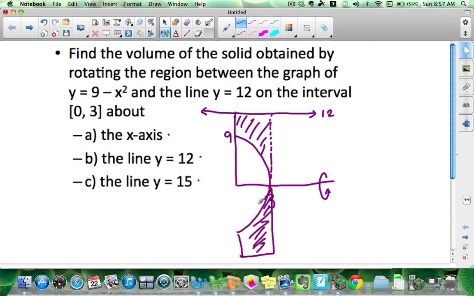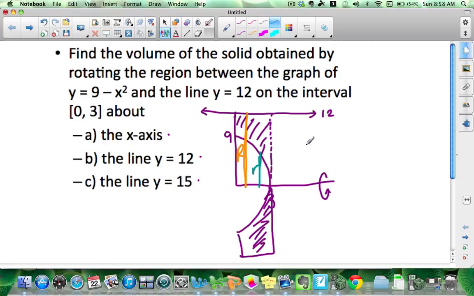Well, there's the mirror image of it on the other side, and picture this guy kind of popping out of the screen if you can, okay? And so I definitely have a hole in the middle, which means I need to think about this in terms of a big radius, which is going to be this one right here, and a small radius, which is going to be this one right here. Can you guys see that?